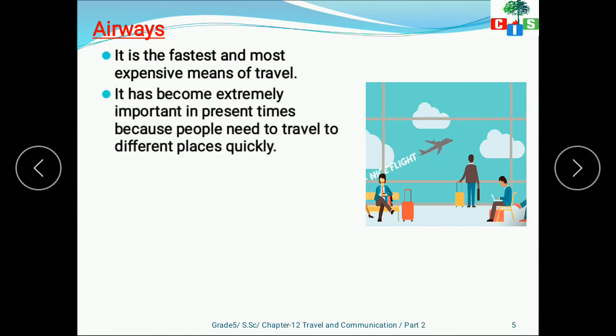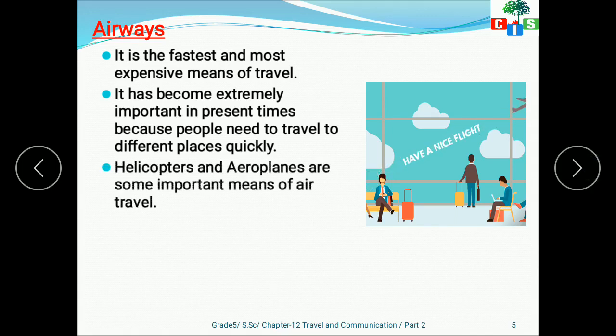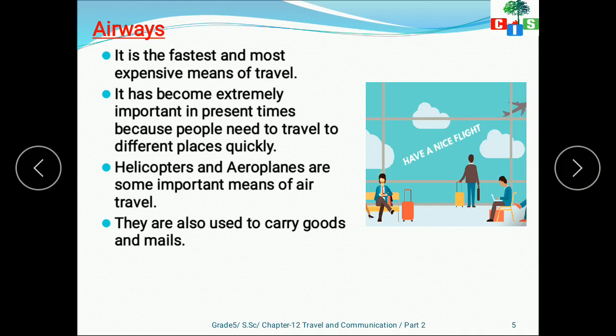It has become extremely important nowadays and very popular also, because people need to travel to different places quickly. That's why they can choose airways, because it is fastest. Helicopters and aeroplanes are some of the important means of air travel, and we use air travel to carry goods and mails.